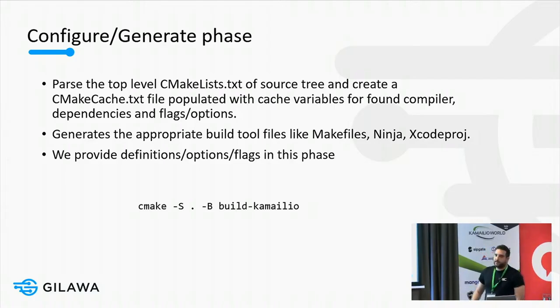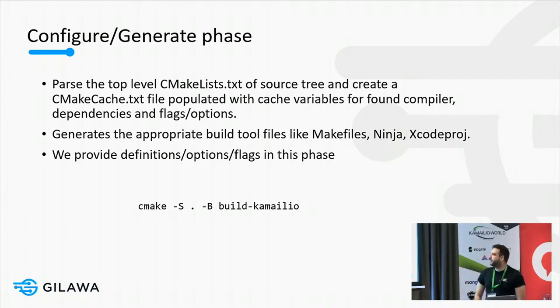And then it generates the appropriate build tool you choose. Like if you choose Makefiles, it will create the Makefiles. If you choose the Ninja generator, it will create the appropriate Ninja build files, and so on. And in this phase, this is where we provide our definitions and various options that CMake and Kamailio CMake provide.